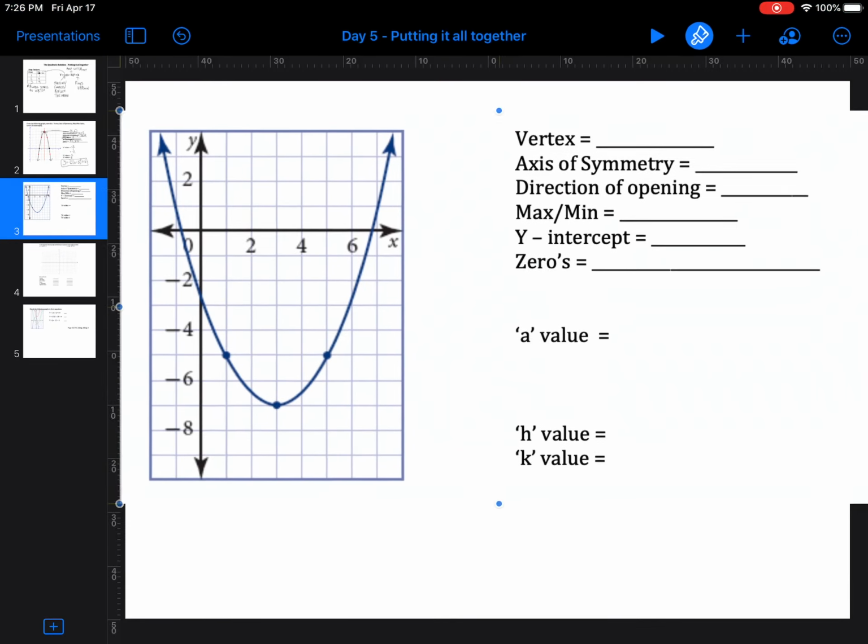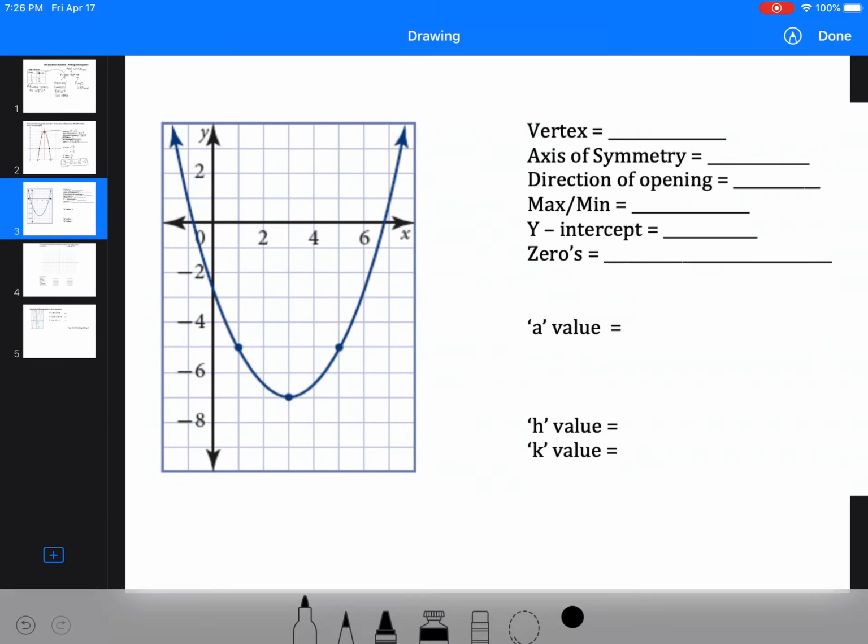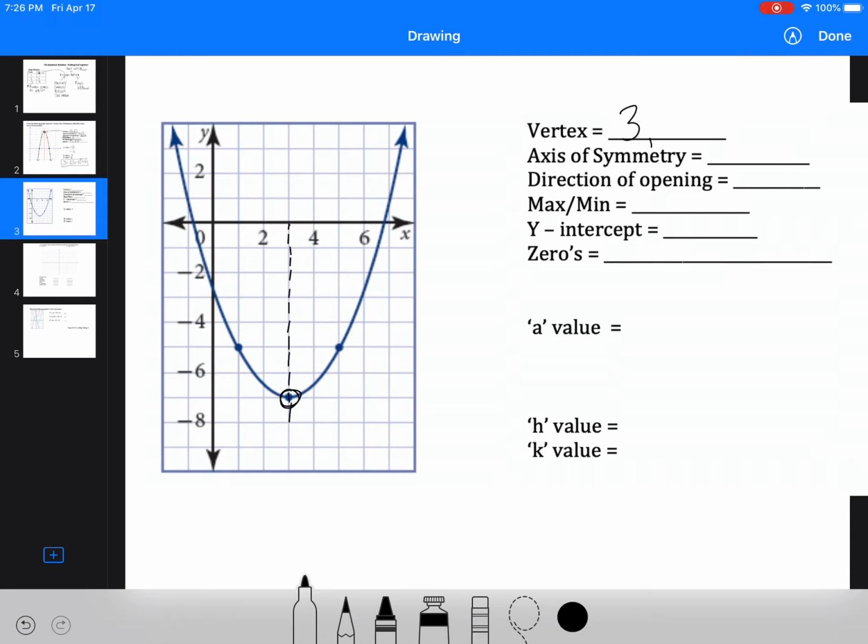Okay, looking at this one. This one's a little bit easier to see our y-intercept because it's actually on the graph. The vertex, still right there, the turning point. So the vertex here is 3, negative 7.